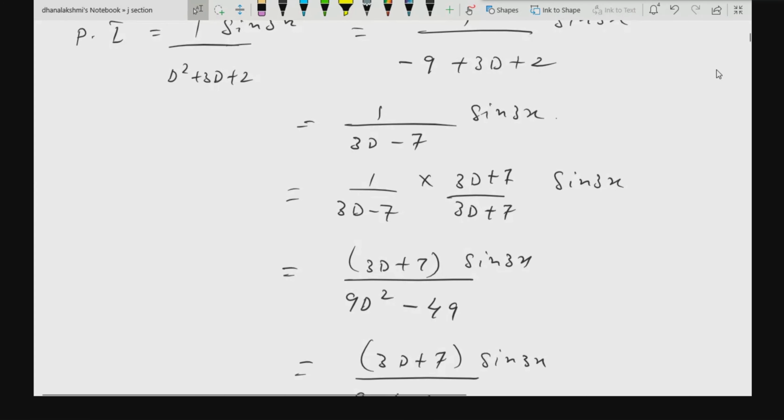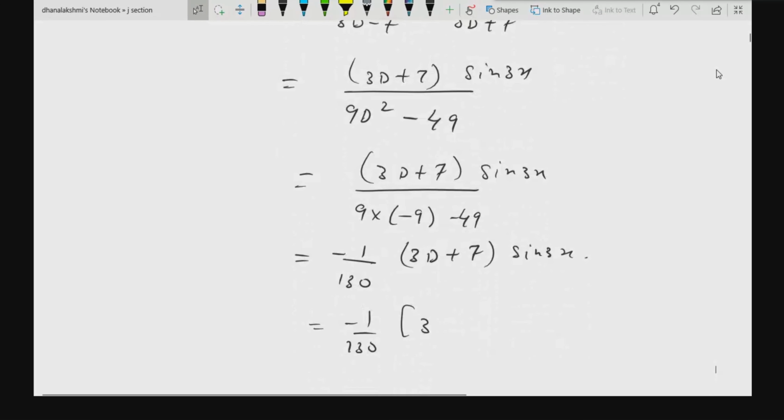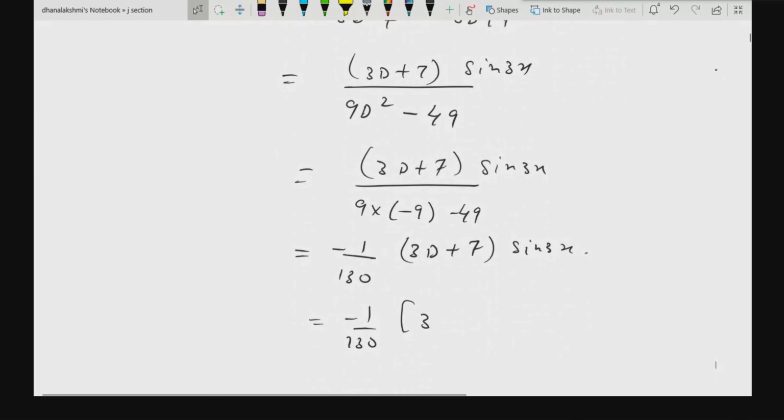You have calculated the complementary function. You have calculated the particular integral also, which is given as 9 cos 3x plus 7 sine 3x. This is particular integral yp. But remember, if you stop here, you will not get full marks.